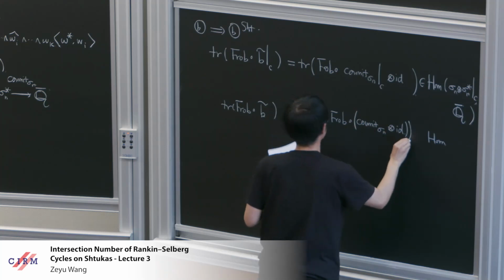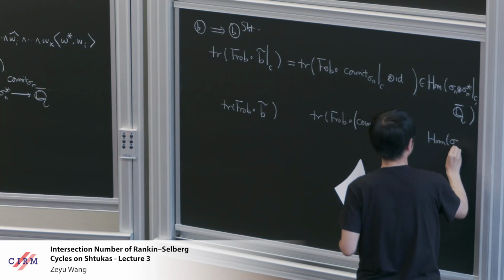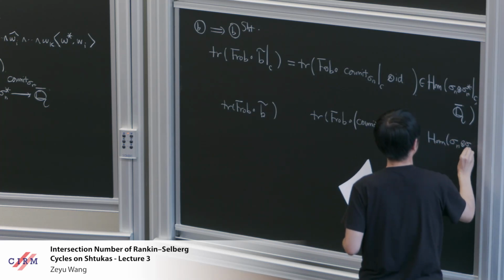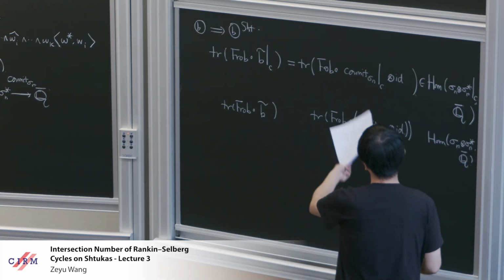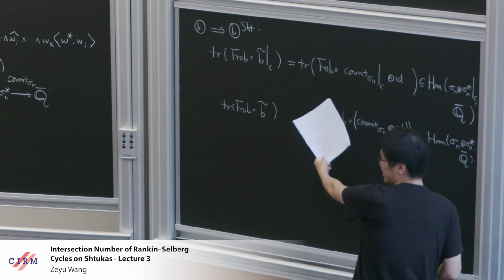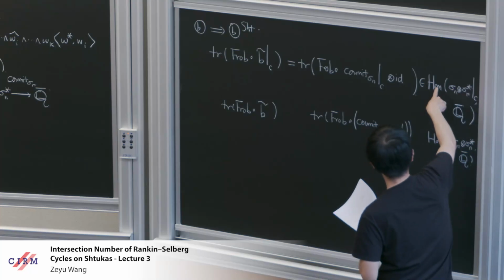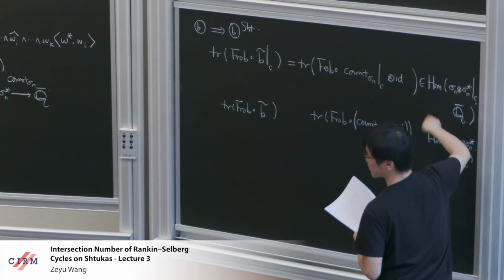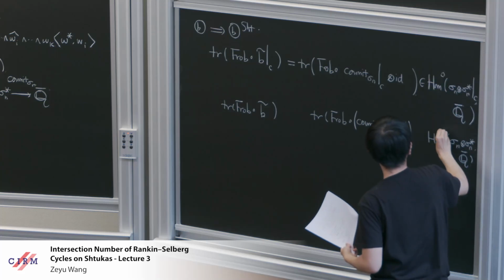So I really want to compare these two. It's a homomorphism from sigma n tensor sigma du to the constant local system. Here I'm not ignoring any shift, because that's important. Here it's really Hom, and this Hom is really not derived, so let me write Hom 0 to emphasize that.